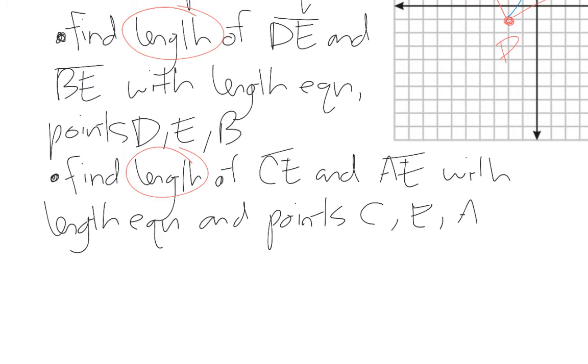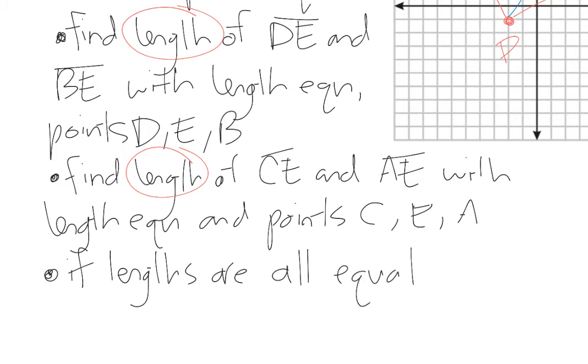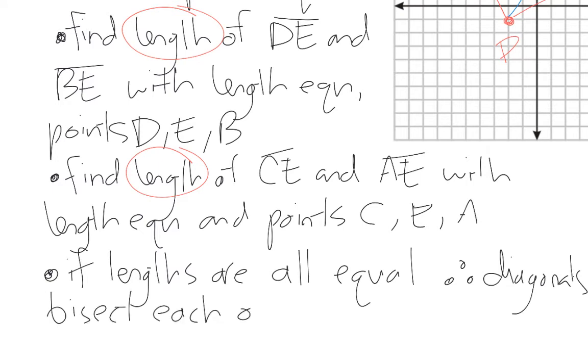So let's write a statement for that. If lengths are all equal, therefore diagonals bisect each other.